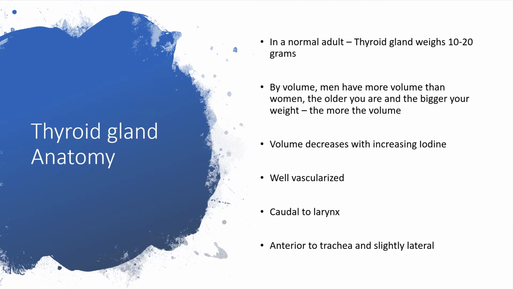In a normal adult, the thyroid gland weighs 10 to 20 grams. By volume, men have more than women, but the older we become and the bigger we are by weight, the more the volume of the thyroid gland.